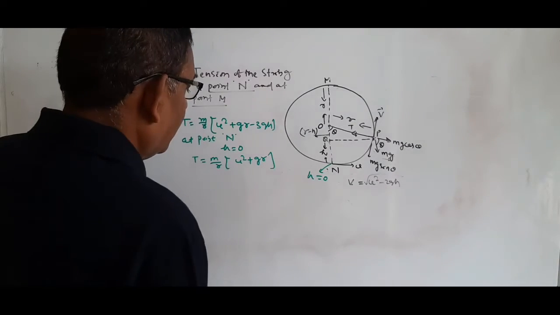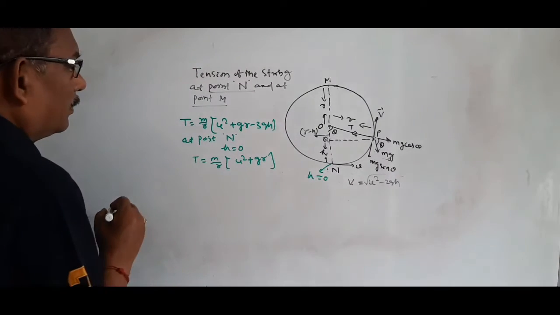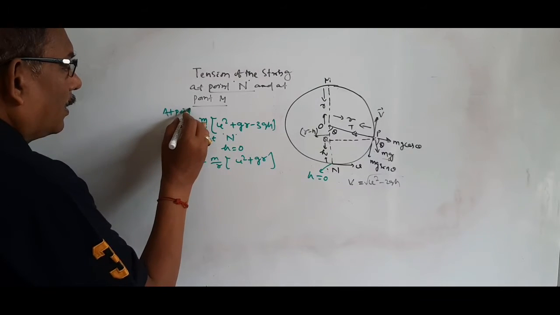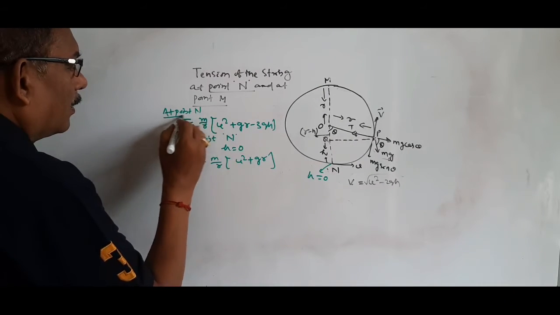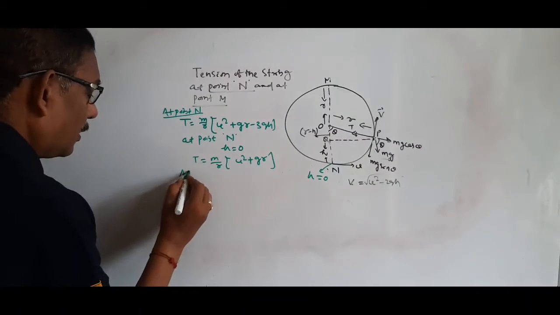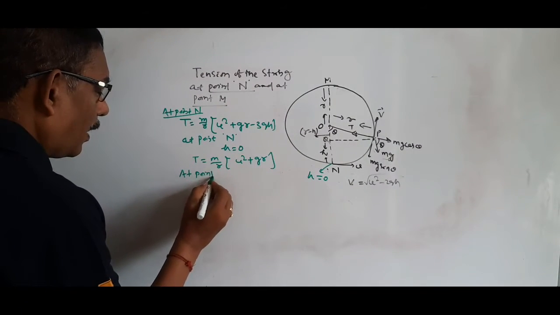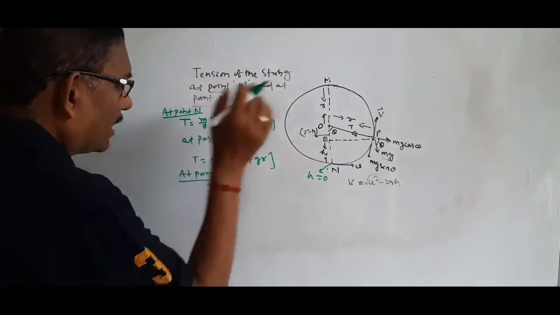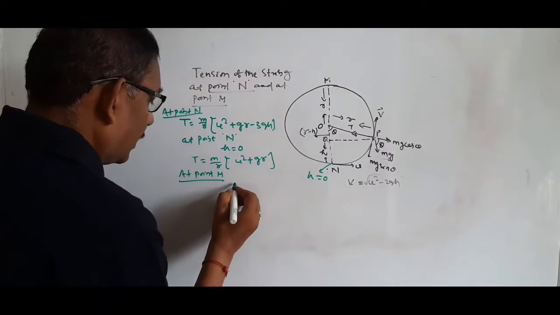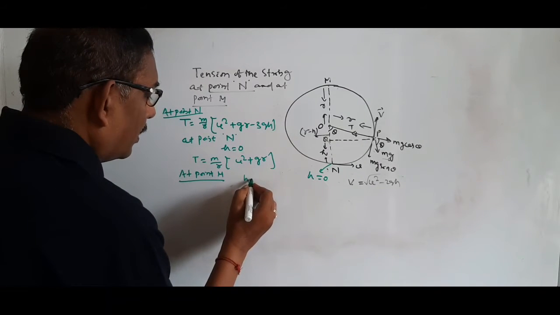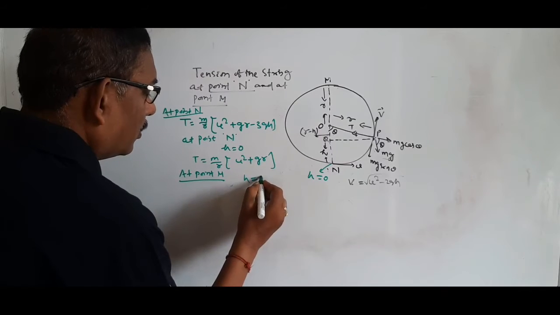Now at the highest point, at point M, what is the tension of the string? Here put h equal to 2r.